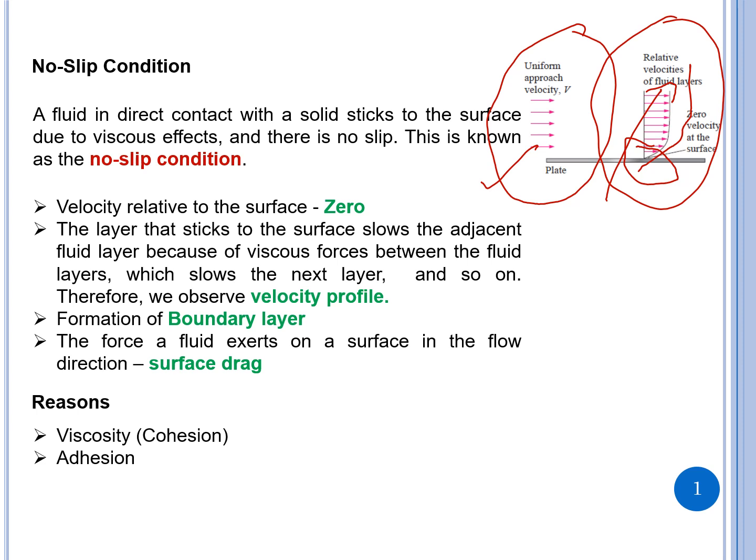Since these layers are interconnected with each other, when the first layer is stopped, it drags the next layer and the next layer, and it slows down the velocity. That's why the fluid particles quite away from the plate have a higher velocity, and as you become closer to the plate, velocity keeps on decreasing, and right here the velocity is going to be zero.